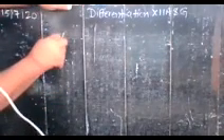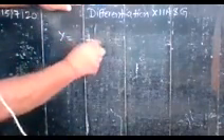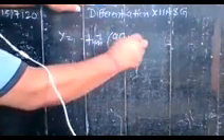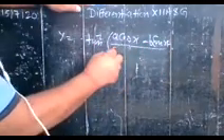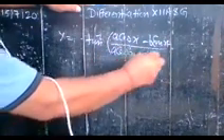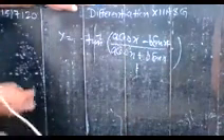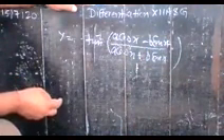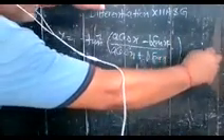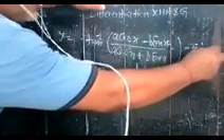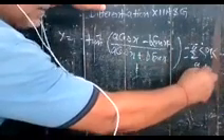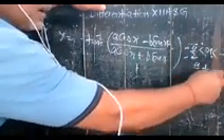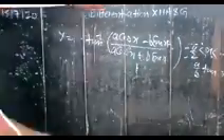Yes, right. Next question. Y is equal to tan inverse of (a cos x minus b sin x) divided by (a cos x plus b sin x), and the condition is x greater than minus pi by 2 and less than pi by 2, and the other condition is a upon b tan x is greater than minus 1.